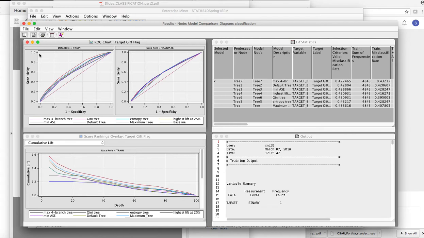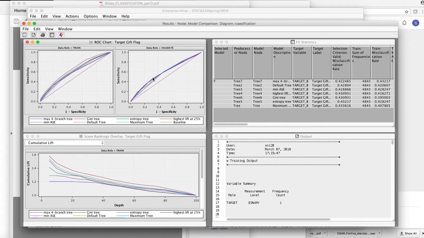There is no negative ranked before a positive observation. So that's my best model. By comparing ROC curves, we compare whether the actual positives are correctly ranked before the negatives.